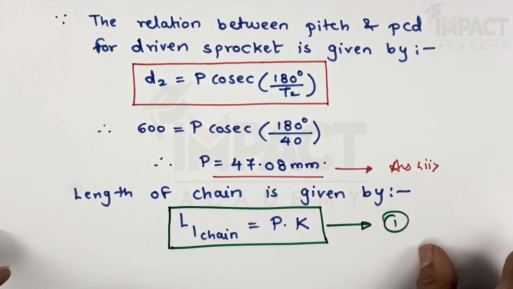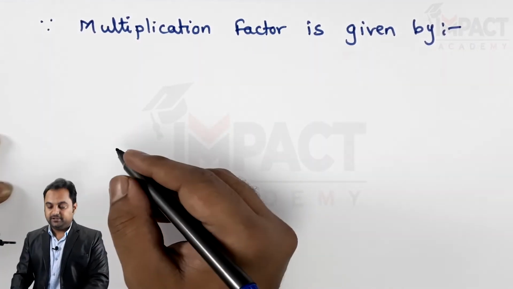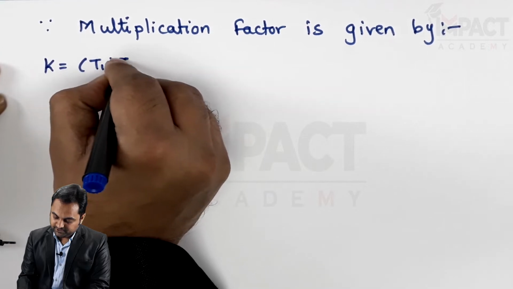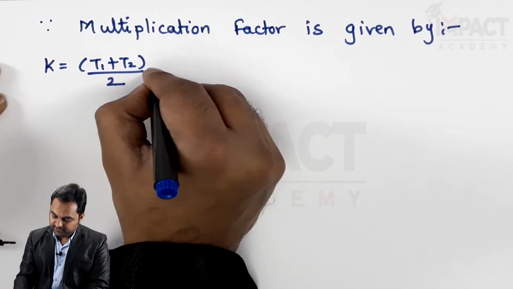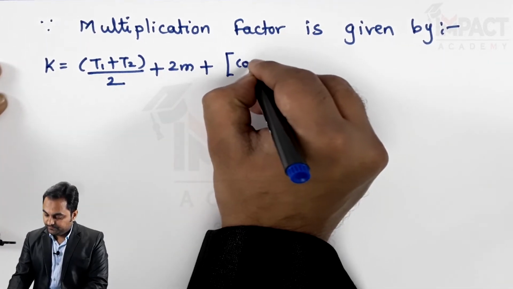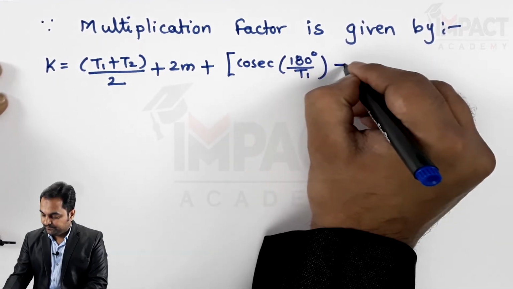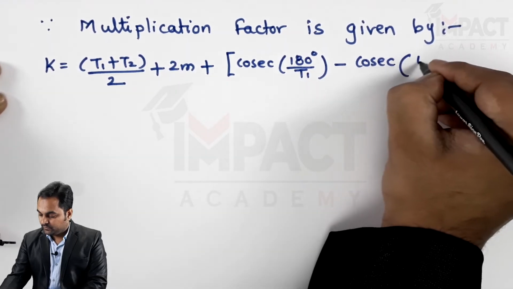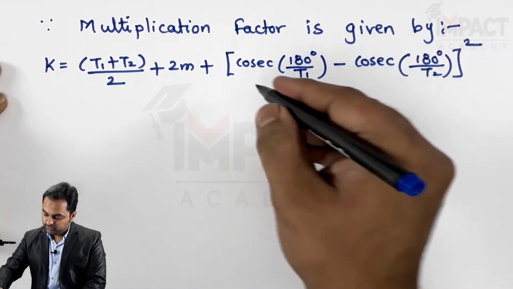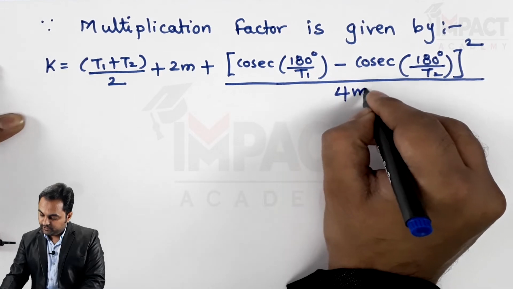Now writing the formula for K, that is the multiplication factor. K is equal to T1 plus T2, number of teeth on driving and driven sprocket, divided by 2, plus 2m plus into bracket cosec 180 degree divided by T1 minus cosec 180 degree divided by T2, the whole square, divided by 4m.